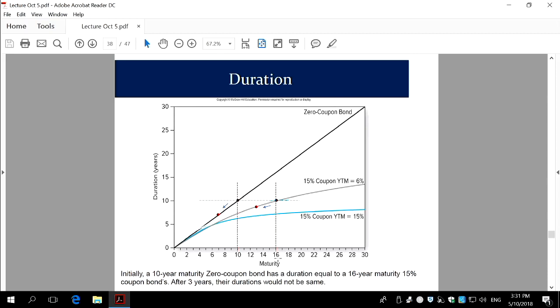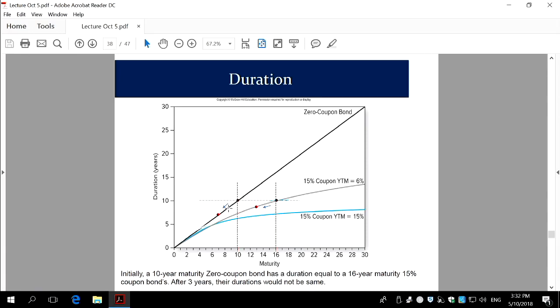And this 16-year coupon bond will become a 13-year coupon bond. I'm talking about maturity, right? So it moves from this black dot to that red dot. Then their durations would not be the same, right? Initially the same, but just because time passed, the duration will become mismatched.